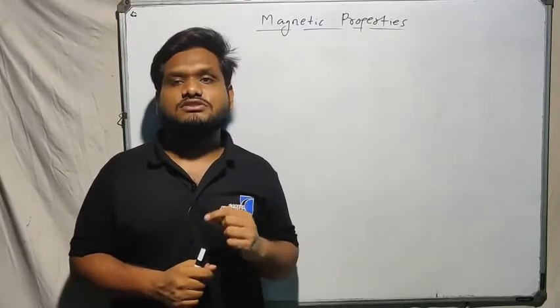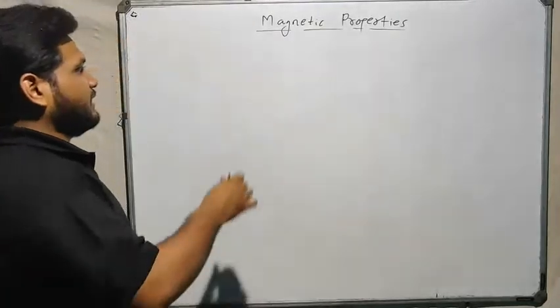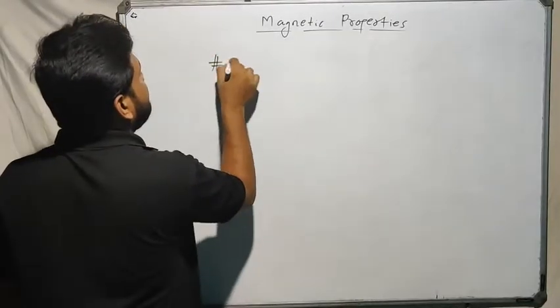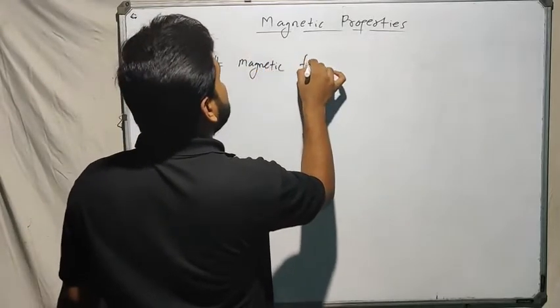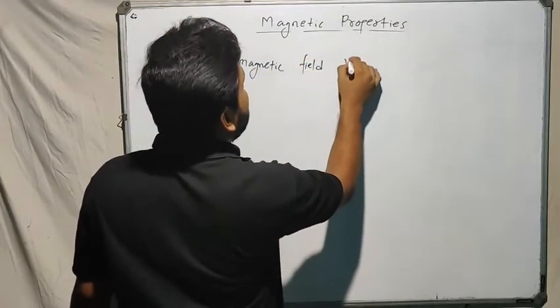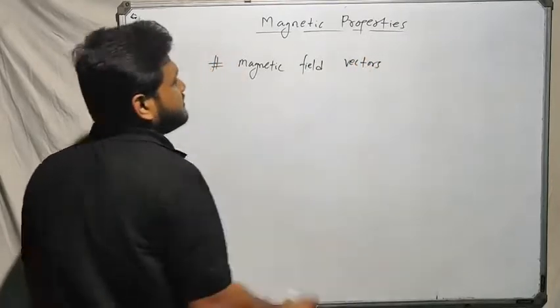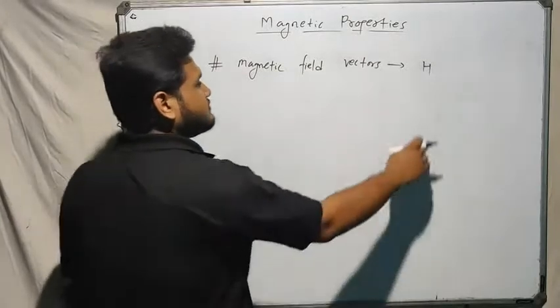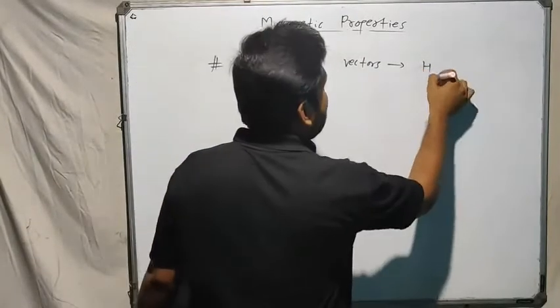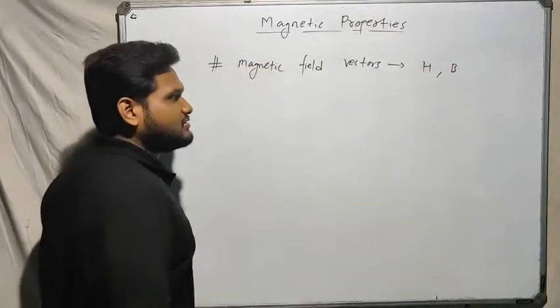So the first thing we are going to start with is magnetic field vectors, which are nothing but a lot of parameters that we will try to understand. For example, there's a thing called H, which is known as magnetic field strength. Then we have B, which is magnetic flux density.